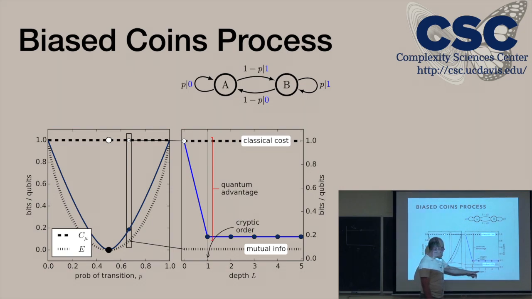We find that CQ, our quantum measure of communication cost, at length 0 is trivially the same as the classical, but at length 1 it drops dramatically from 1 to about 0.2. Now we can keep cranking up L, but unfortunately we find there's no further advantage.